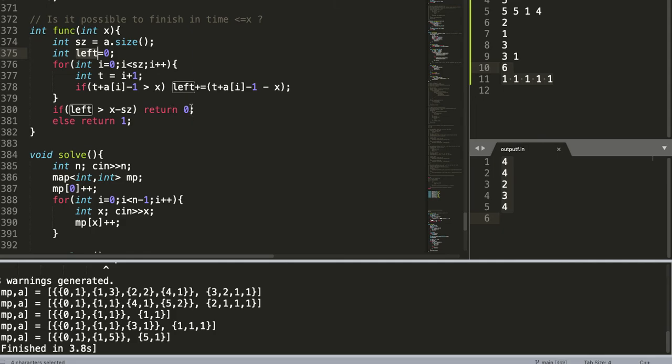If for set i, the time required to infect the whole of set i via only direct infection is greater than x, then the number of nodes from set i left at time t = n is given by this quantity, and we add this over all the sets. If the number of left nodes is greater than x - n, we return 0, else we return 1.